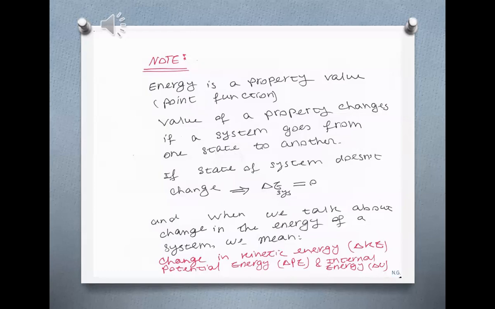At state 1 the value of energy is E1, at state 2 it is E2. If the state of the system doesn't change, the temperature and pressure are the same, and so is the energy. So the energy of the system doesn't change.